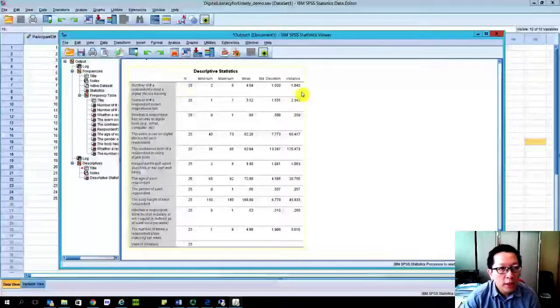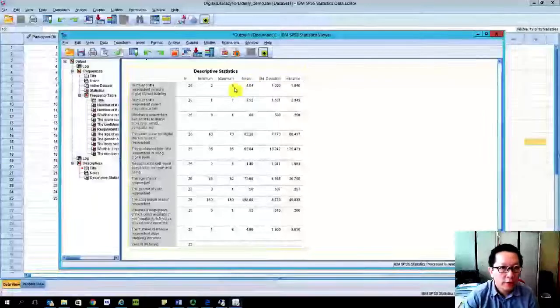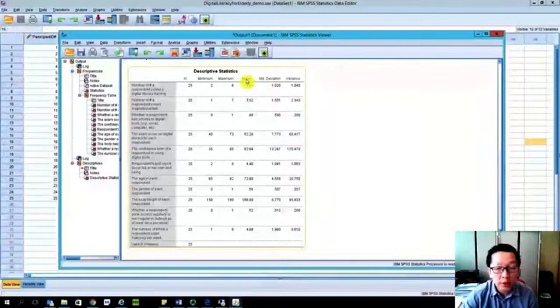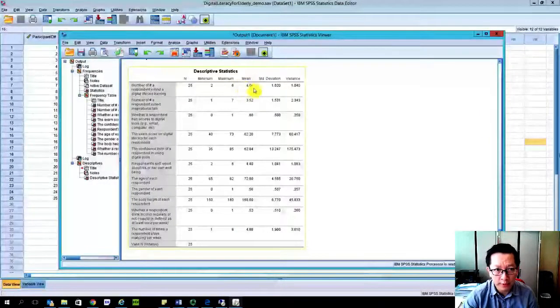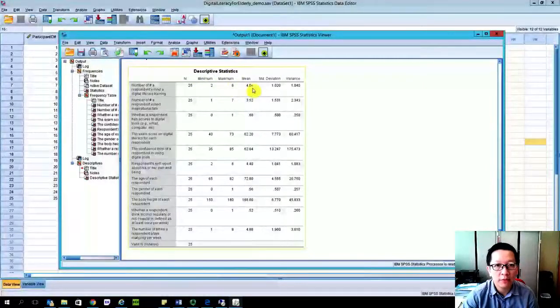So when you say the number of times a person joined literature training is 4.0, it means on average, the respondents in your survey who are elderly have joined 4 times a digital literature training program. So some people only joined 2, which is the minimum, and some people joined 6 times, right? But the average value is here.